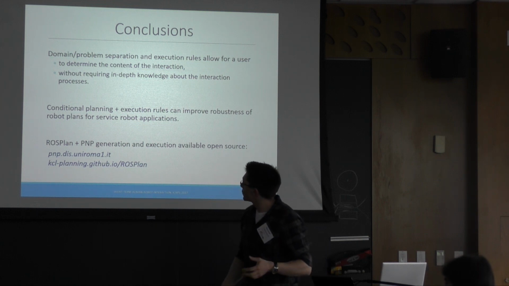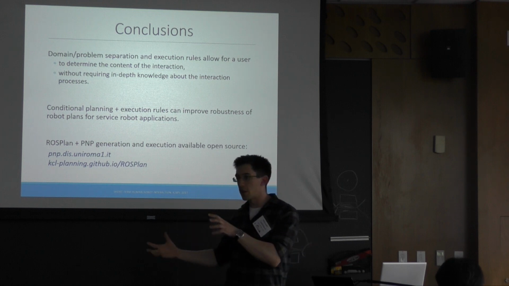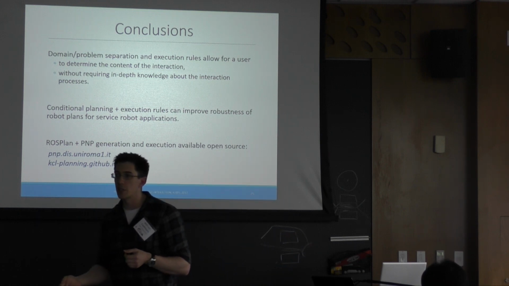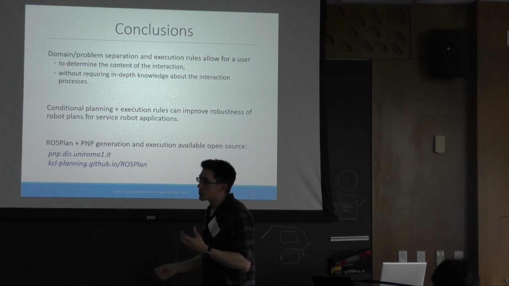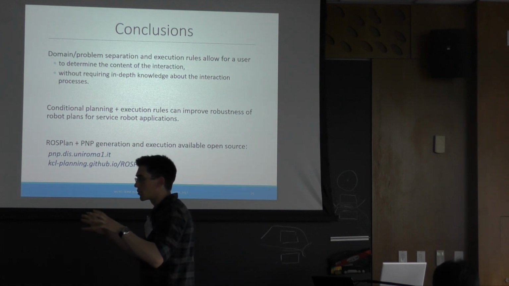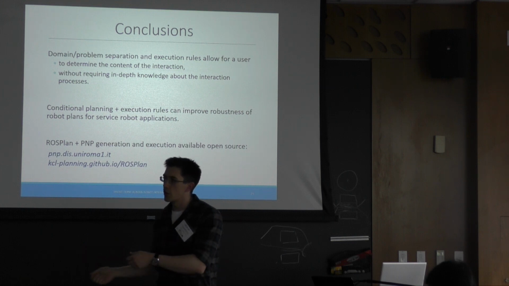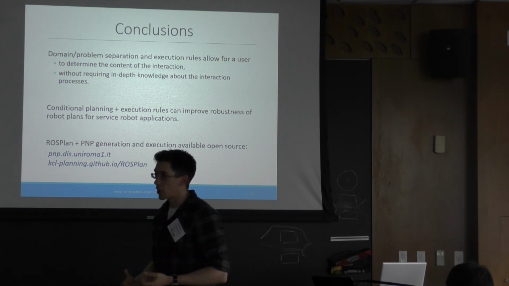So to conclude, we developed this system using conditional planning and a Petri Net plan execution to perform short-term human-robot interactions on service robots. What we were concentrating on is a separation between the planning that's performed and the actual system on the robot, and the context of the interactions, which a non-expert user would be able to write.